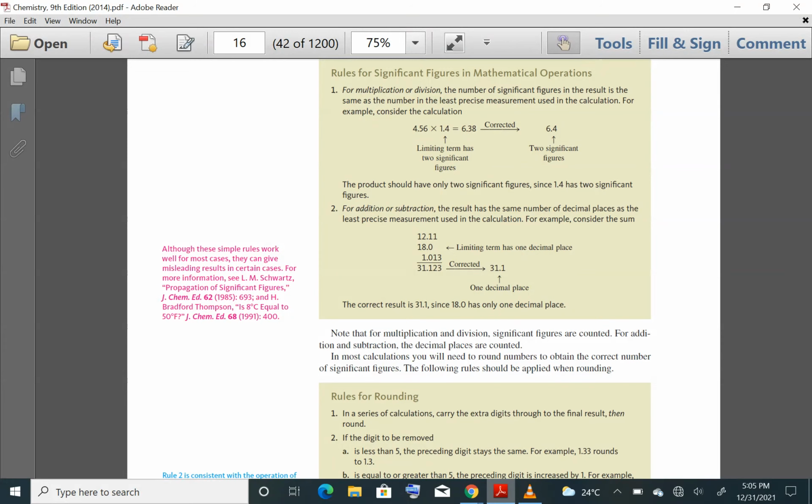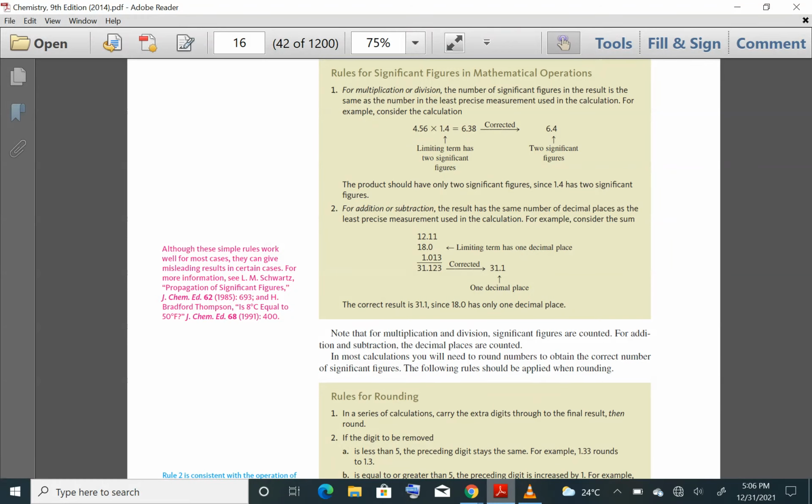For example, we are multiplying 4.56 and 1.4. You see that the first number has got three significant figures, the second one has got two significant figures. So we see which one of these has got lower precision. It's 1.4, isn't it?